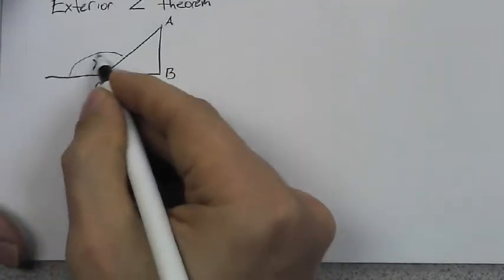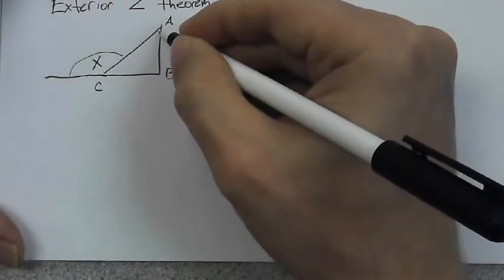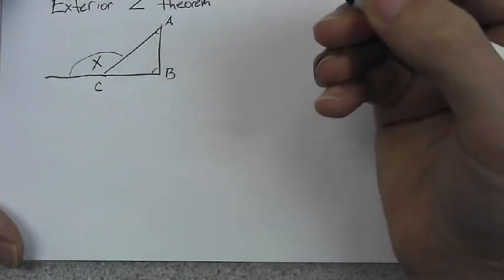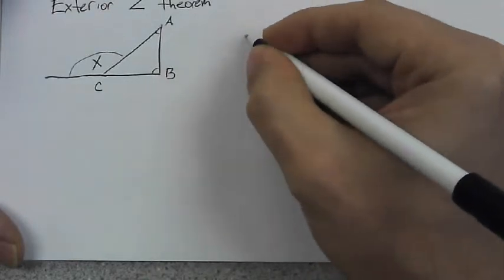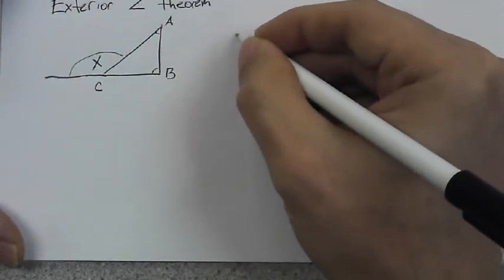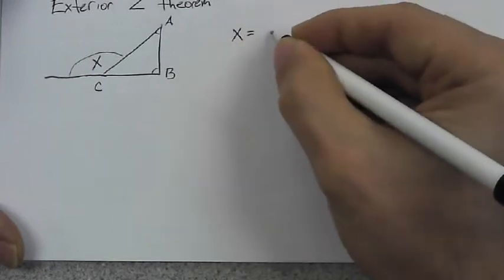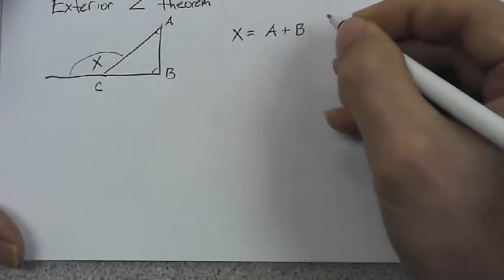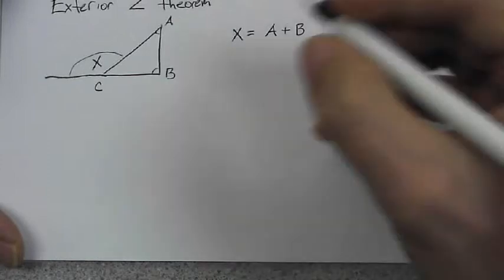And basically what they're saying is the angle formed here equals this interior angle plus this interior angle. So the measure of angle x, whatever number that is, is going to equal the measure of angle A plus the measure of angle B.